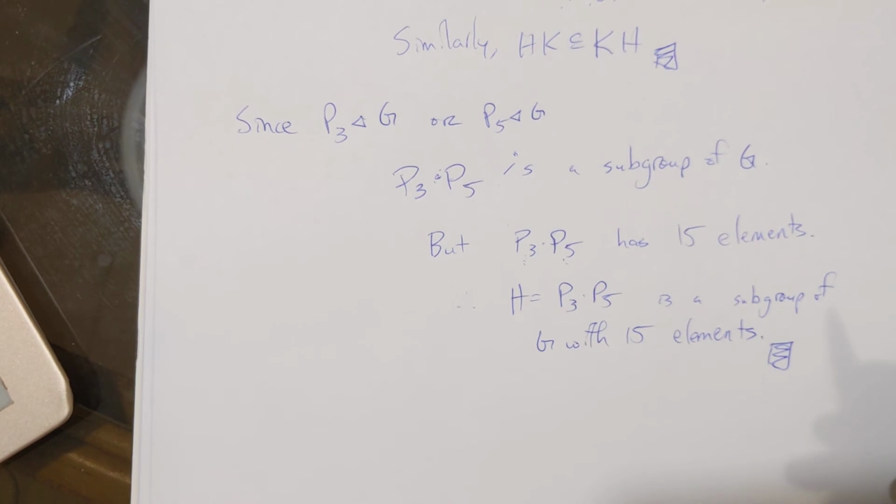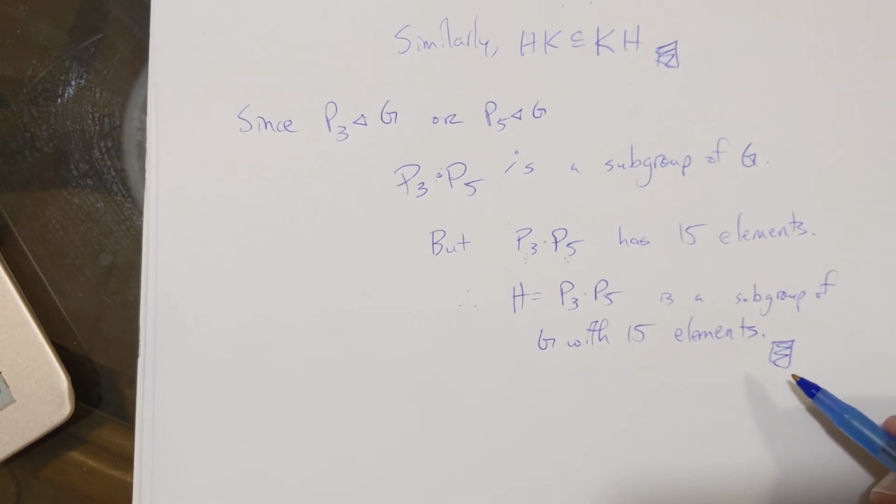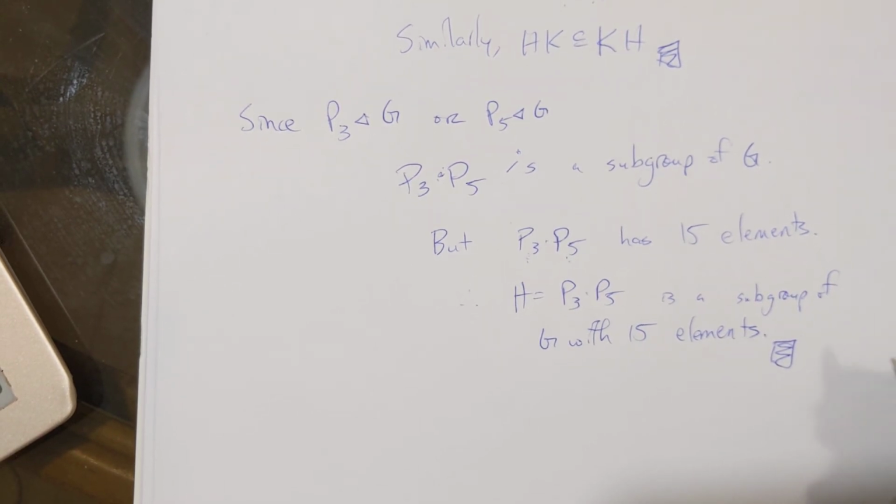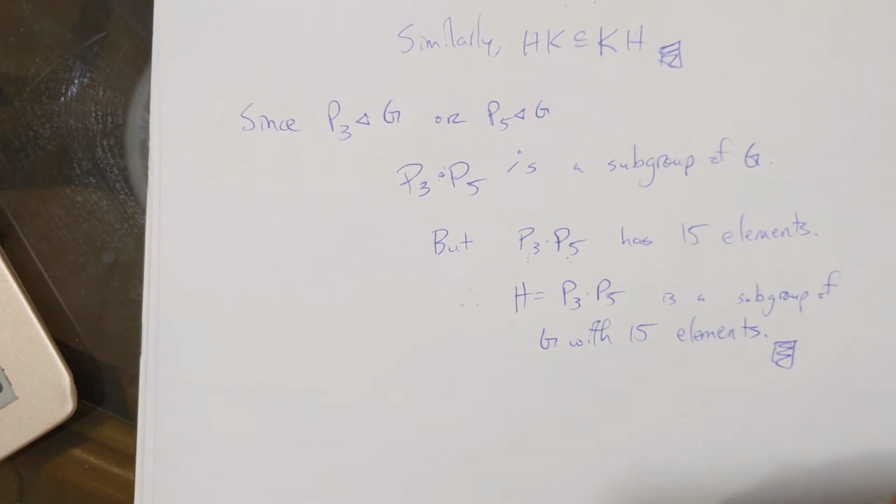Automatically that subgroup is normal because it is index 2 in this group G. So just from the arithmetic and the group theory, we automatically get this knowledge of the structure of a group of order 30.